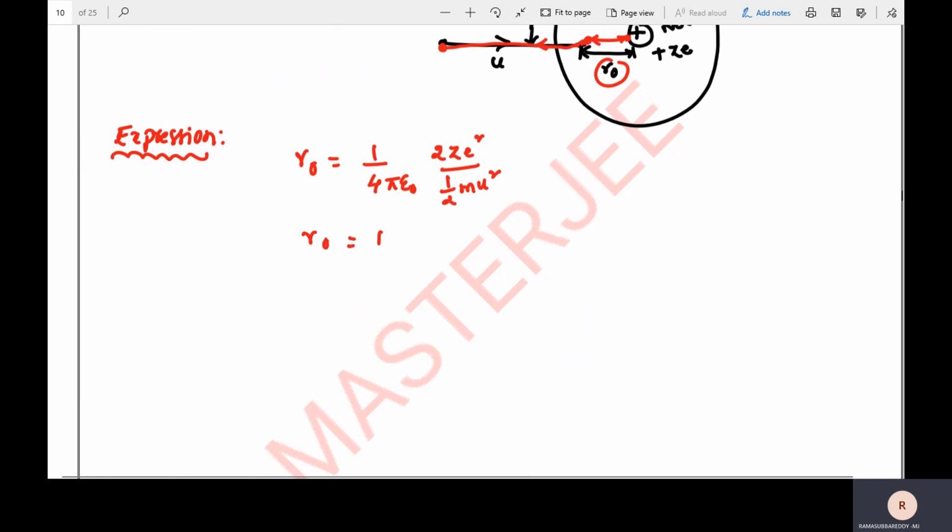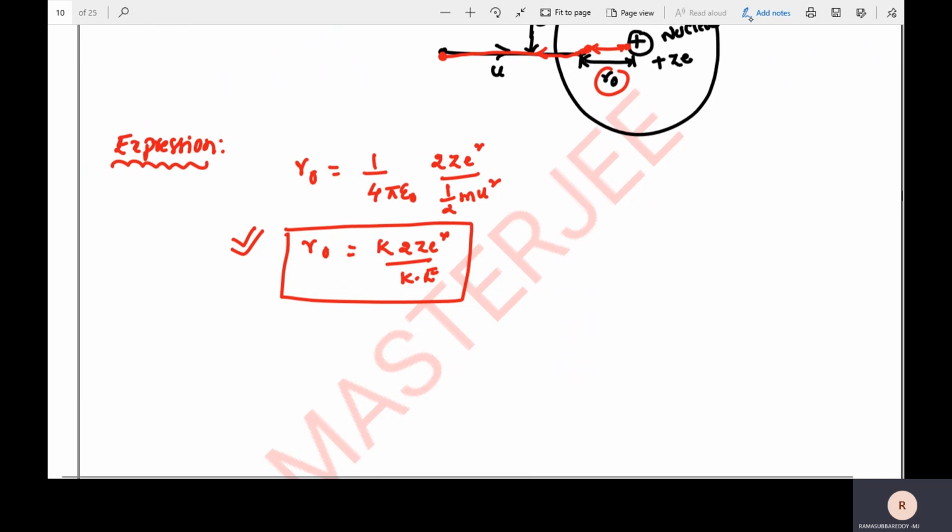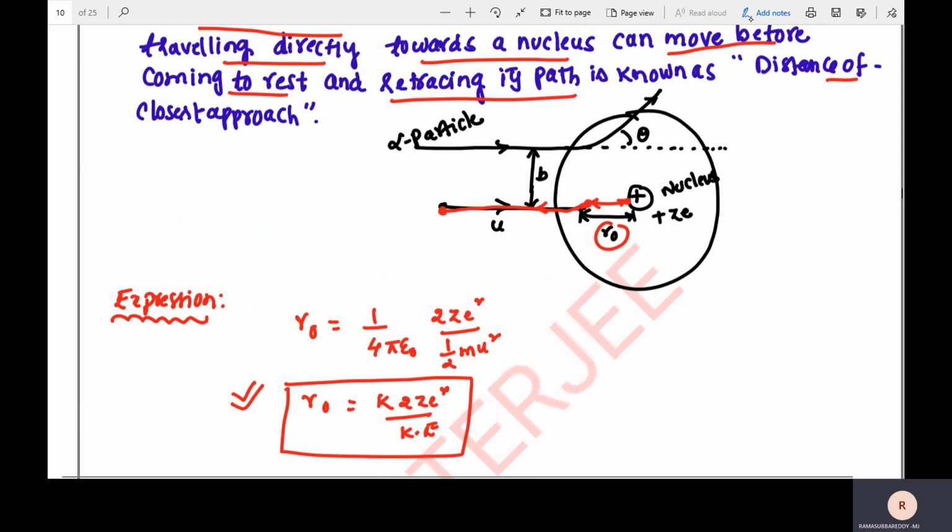Or r naught is equal to K 2Ze square by kinetic energy, where K is 1 by 4 pi epsilon naught. This is our distance of closest approach. Remember this important relation: r naught is equal to K 2Ze square by kinetic energy.